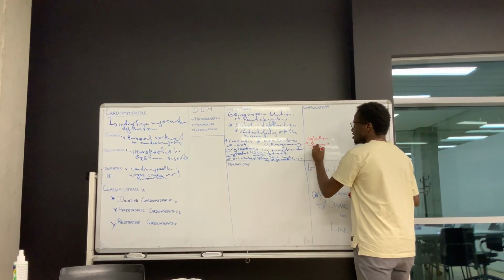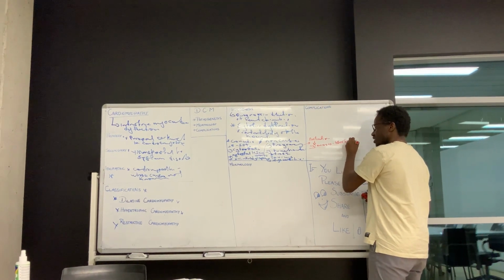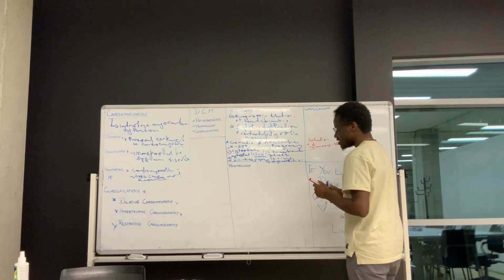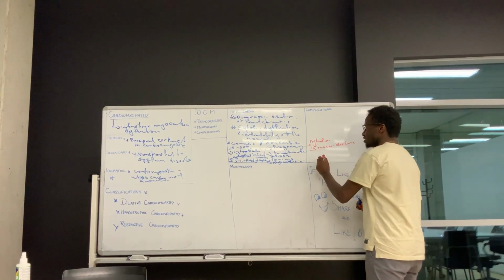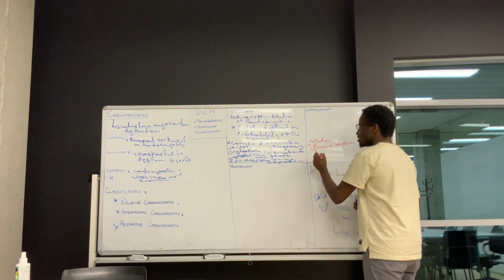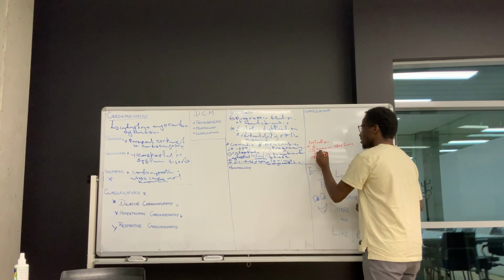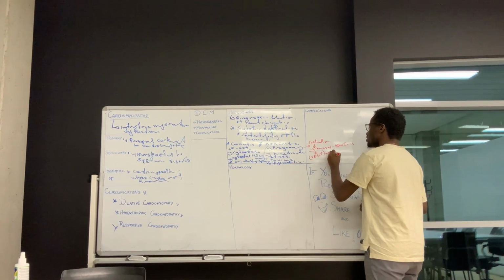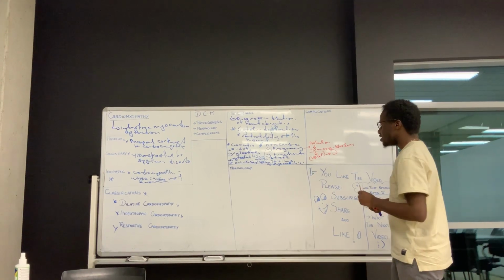What is angiogenesis? Angiogenesis is the formation of blood vessels, right? Because of the high concentration of prolactin, angiogenesis is inhibited by inhibiting VEGF, a factor responsible for angiogenesis. Is that clear?